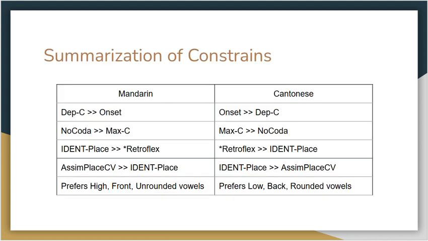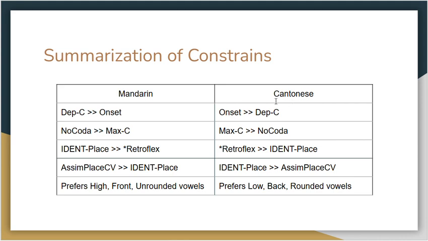And here is the summary of the constraints. For Mandarin, it's DEP over ONSET, NO CODA over MAX, IDENT place over NO RETROFLEX, and place assimilation between consonant and vowel over IDENT place.